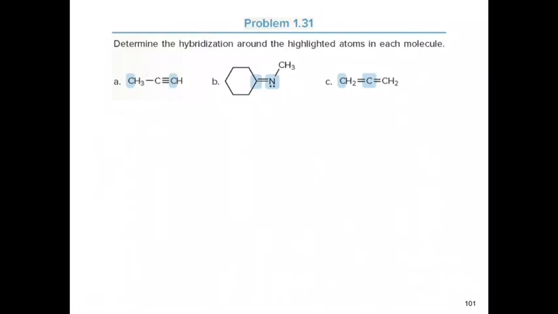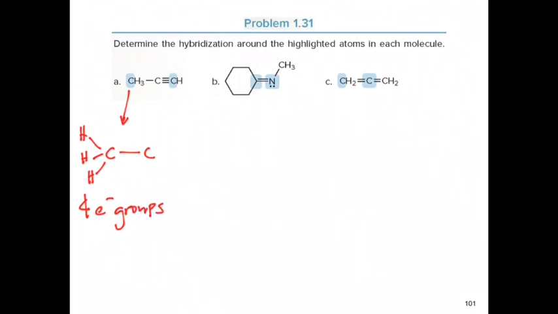So let's take a closer look. This carbon right here has 3 hydrogens bonded to it and another carbon atom. So looking at this carbon, you can count the number of electron groups: 1, 2, 3, 4. So it has 4 electron groups.